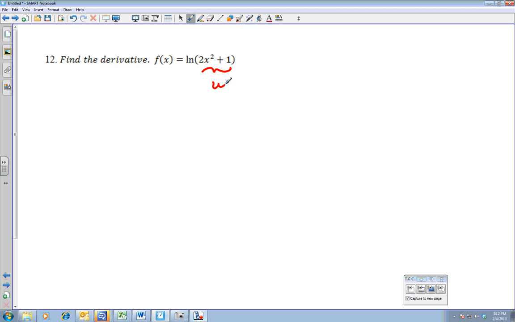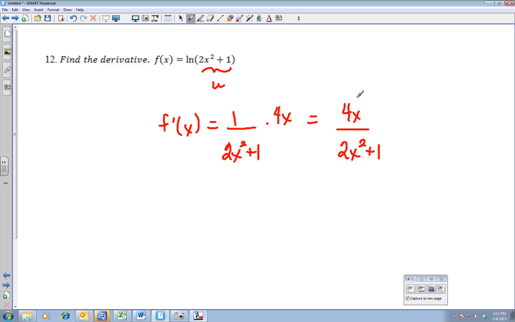Here's my u. So f prime of x equals 1 over my u times the derivative of my u. Derivative of my u is 4x. So 4x over 2x squared plus 1. And last one.